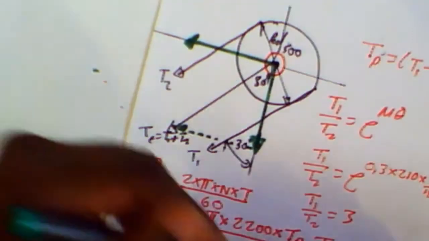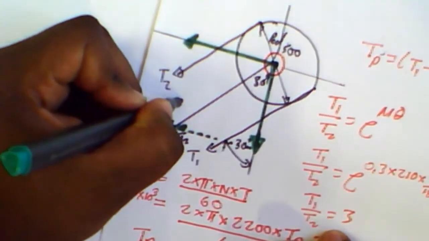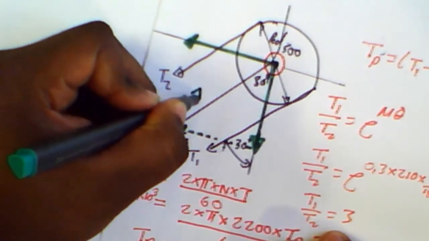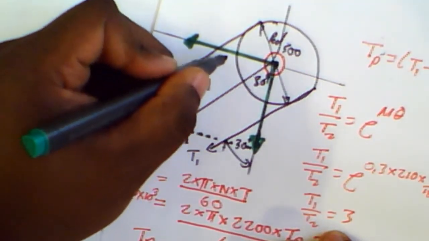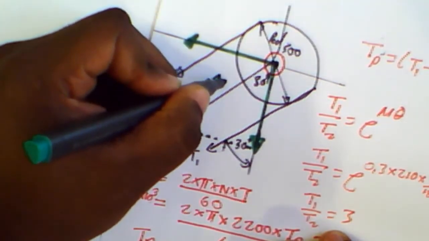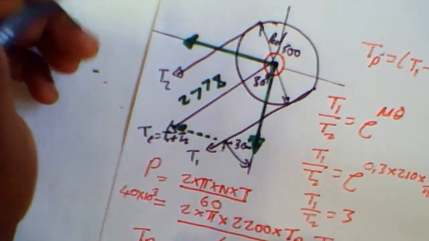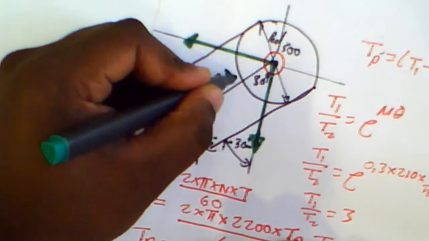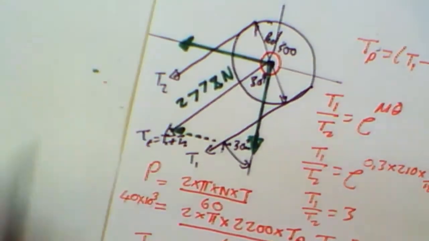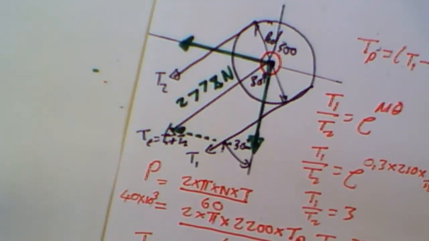Right, so the total tension here is 2,777.9. So let's make this 2,778. So it's 2,778 newtons.